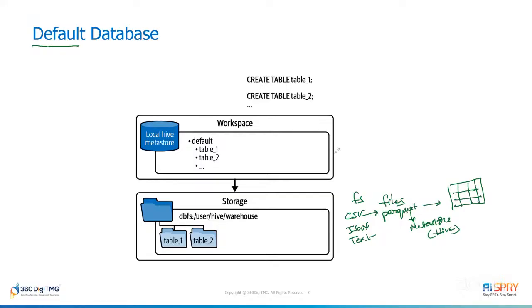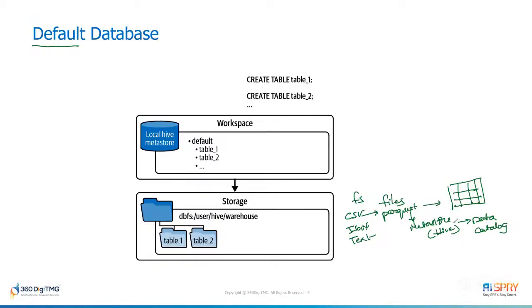So by default, you have a metastore called Hive metastore, or rather they might call it a data catalog, because Databricks keeps on evolving. Initially, they used to display the name Hive Metastore. Now they might call it something called data catalog. You have a default data catalog here.